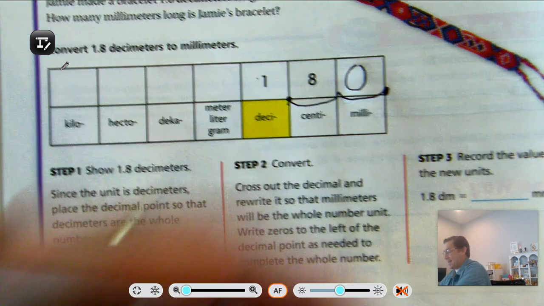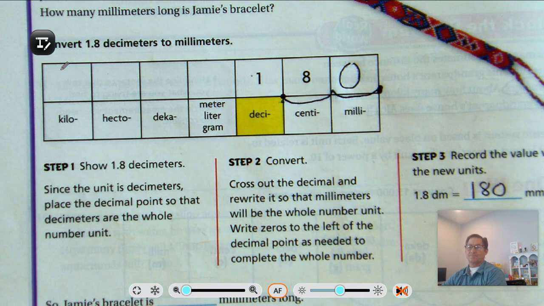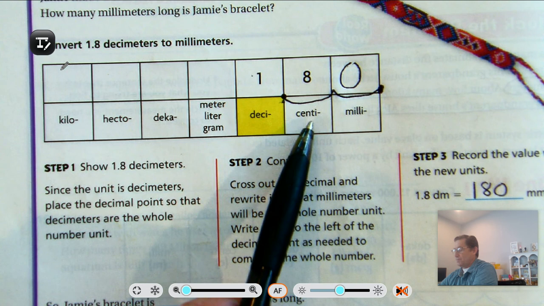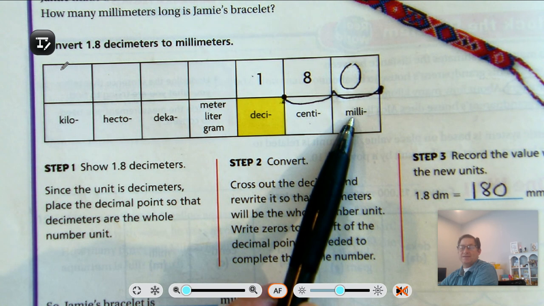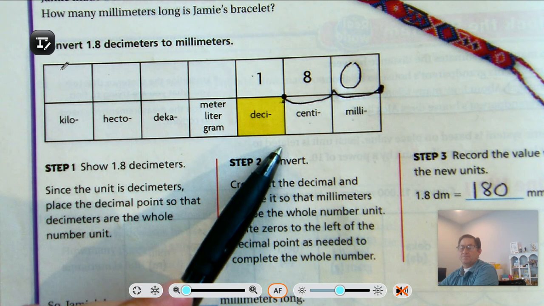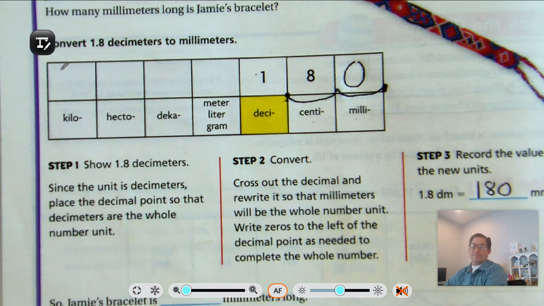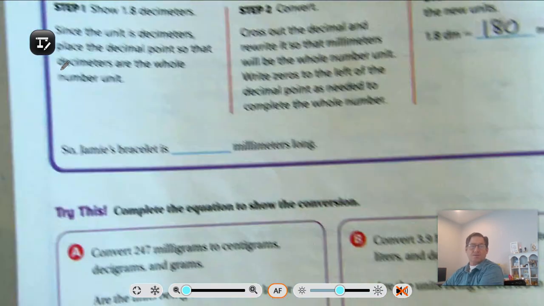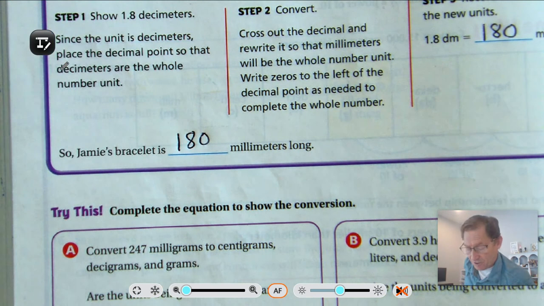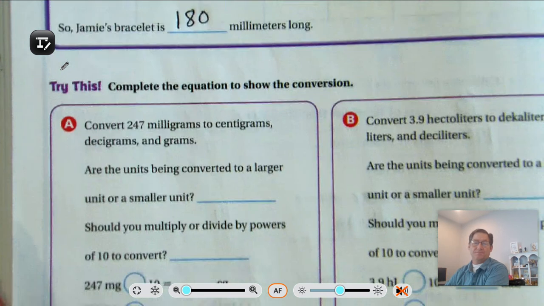So we'd have 180 millimeters, because millimeters are 2 powers of 10 smaller than a decimeter, or 100 times smaller. So Jamie's bracelet is about 180 millimeters long.